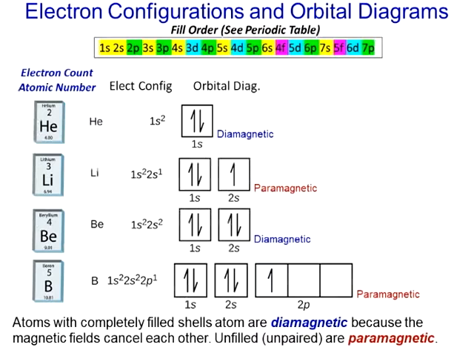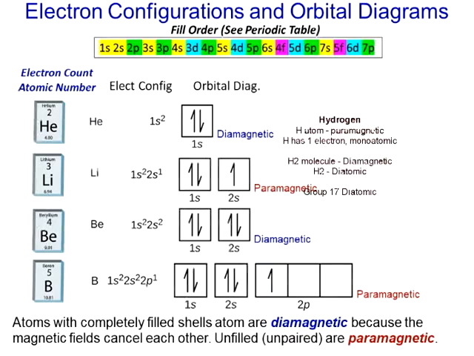So if you have any unpaired electrons, any unfilled shells, energy levels, orbitals, then it's called paramagnetic. So diamagnetic, completely filled. Paramagnetic is unfilled. So if we look at helium, lithium, beryllium, and boron, we find that helium is diamagnetic, and lithium's paramagnetic, beryllium's diamagnetic, and paramagnetic is boron.